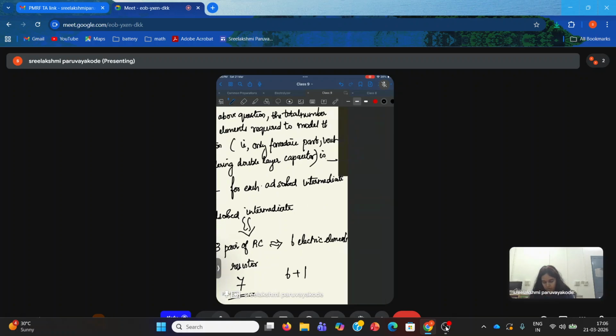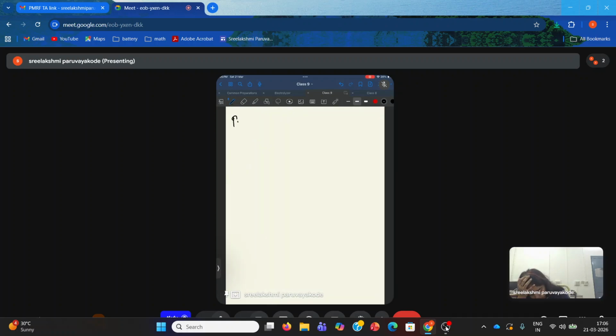Now this next question is: to model a system with the above mechanism, the minimum number of DC potentials at which EIS data is taken.